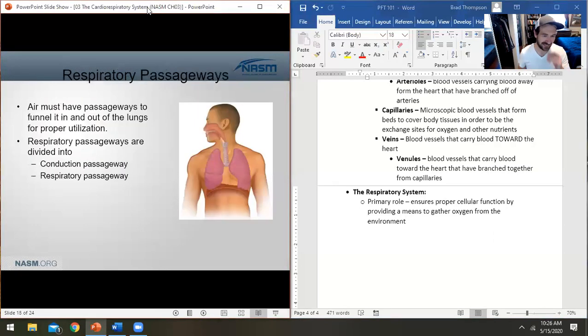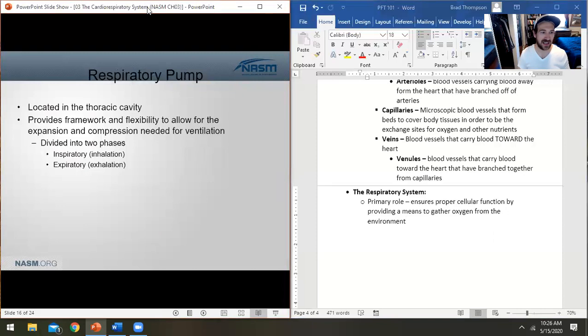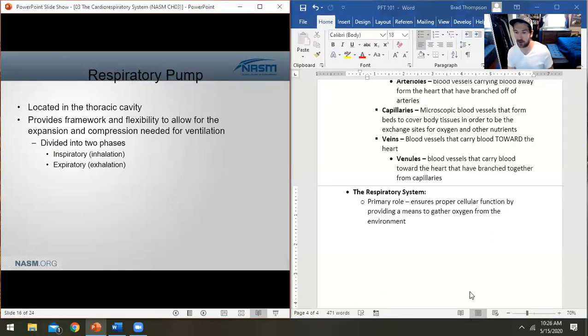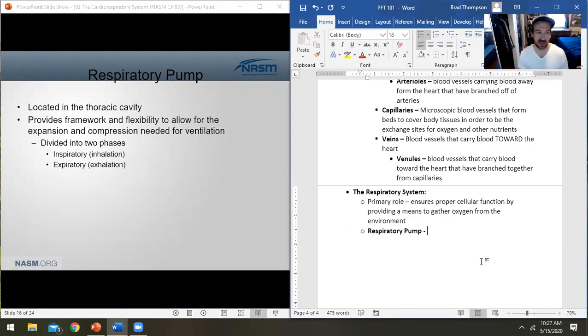So anyway, let's go ahead and look at the respiratory pump here. So your respiratory pump is going to be divided into two primary sections. Respiratory. This is going to be located in the thoracic cavity, AKA rib cage.